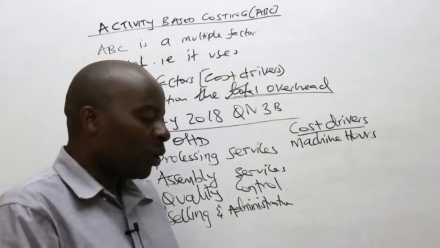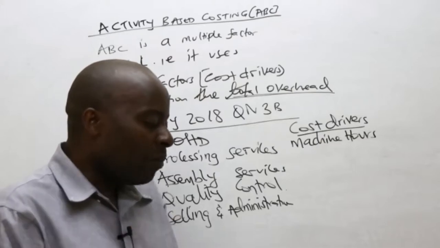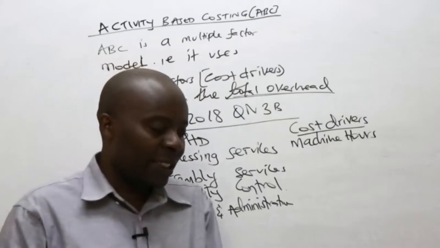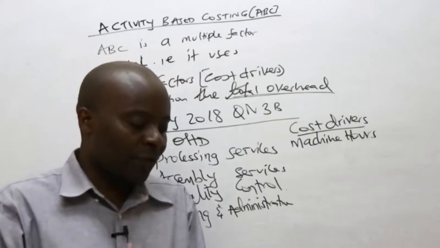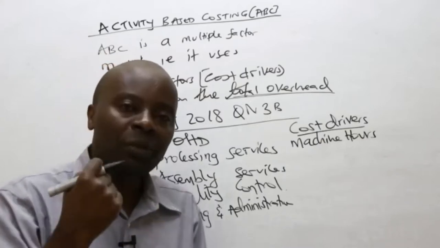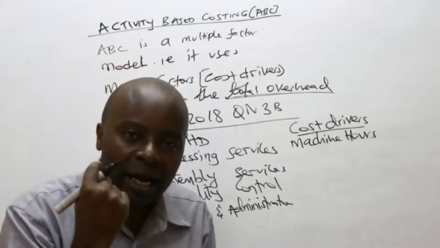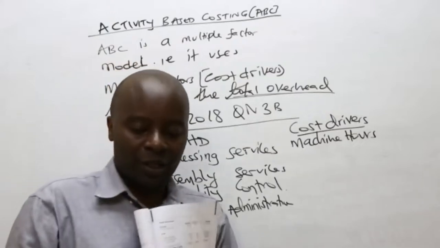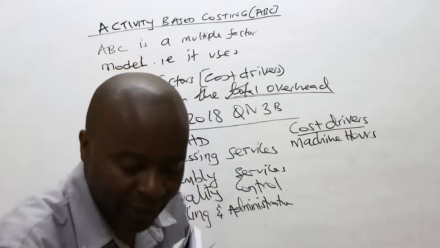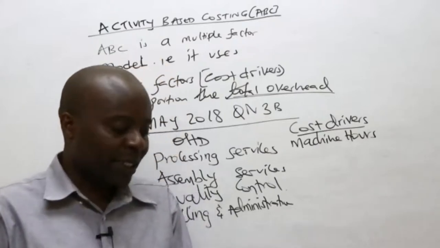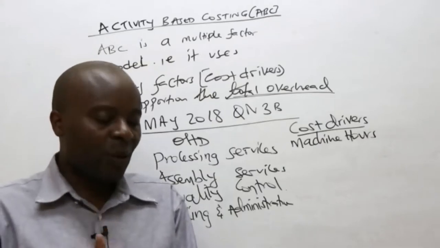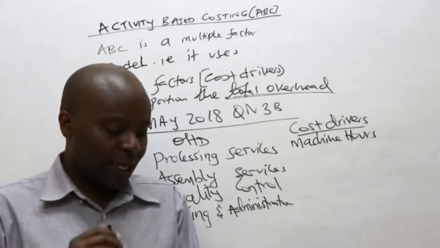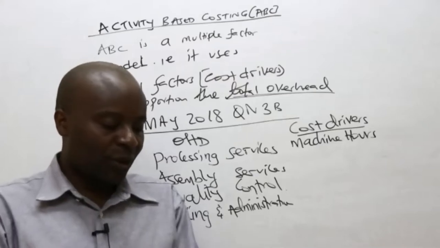I want us to go slowly. How about assembly services? When you look at the information given all over, what do you think will be the best criteria of apportioning assembly services? Please try to read there and tell me what they are saying about assembly services.